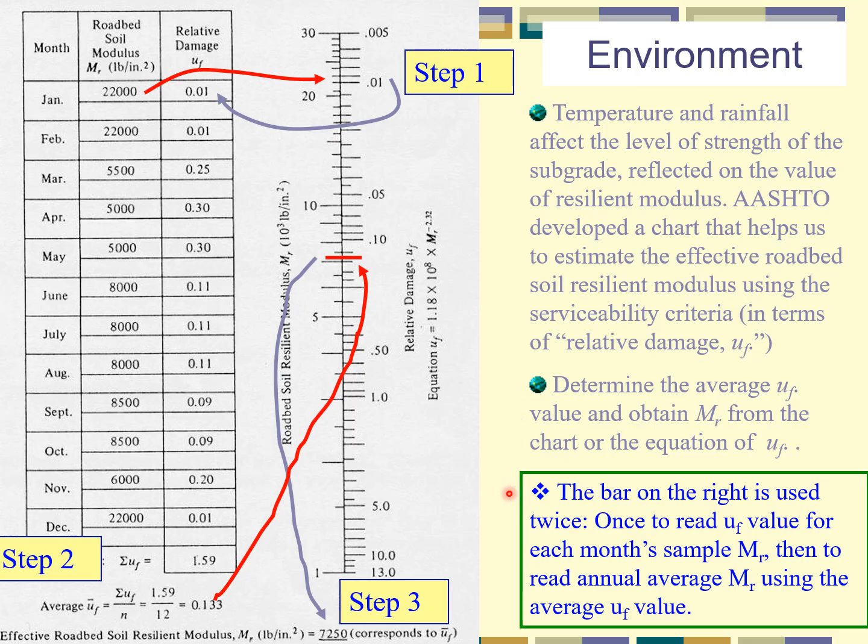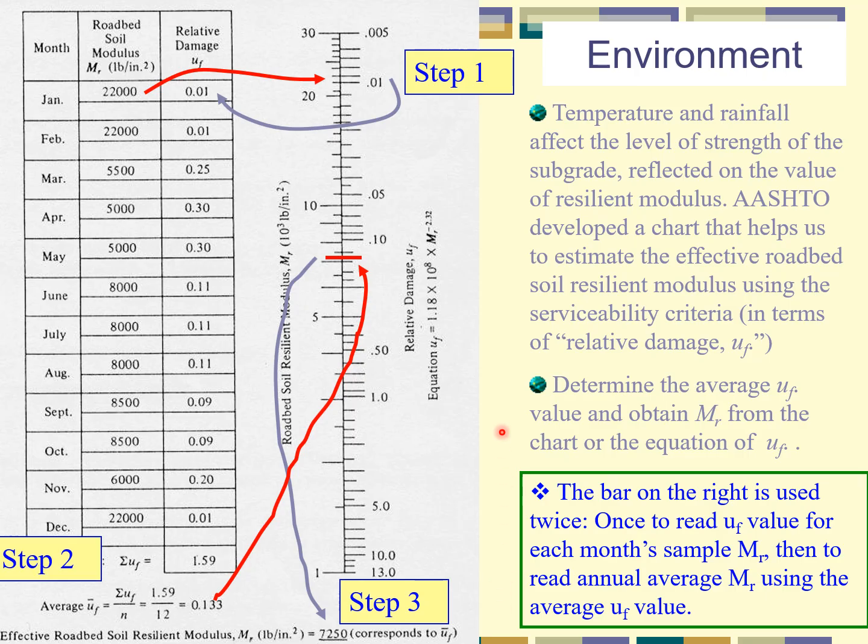The bar on the right, this is the bar which is present on the right of the table, is used twice. Once to read the U sub F value for each month's sample modulus of resilience, then to read the annual average modulus of resilience using the average U sub F value.